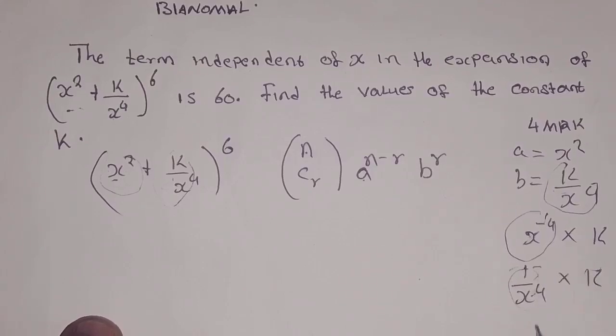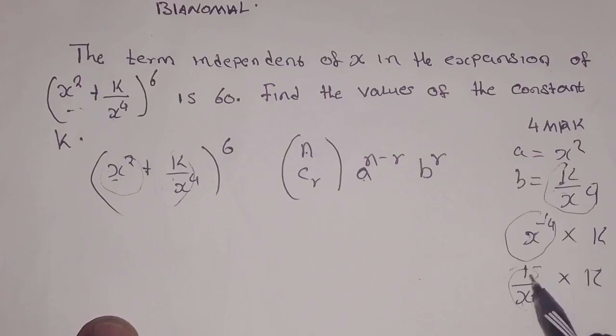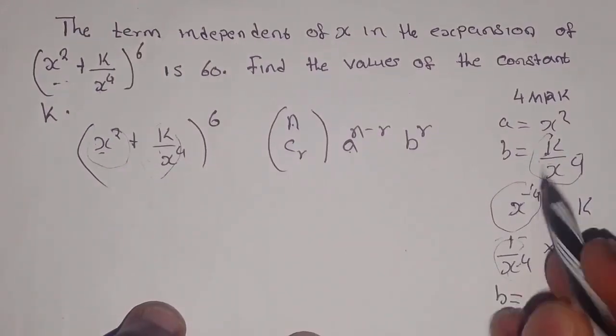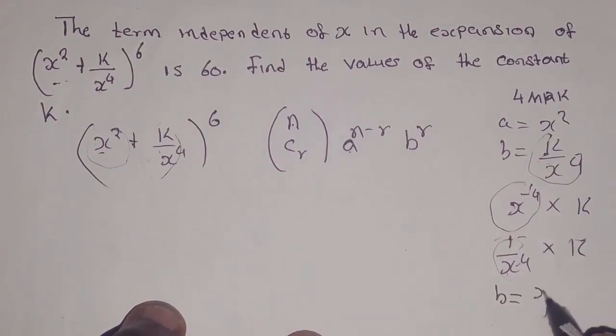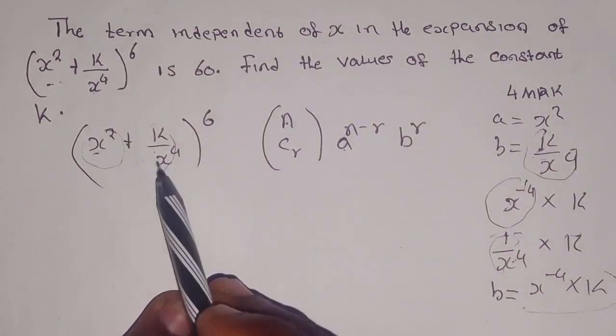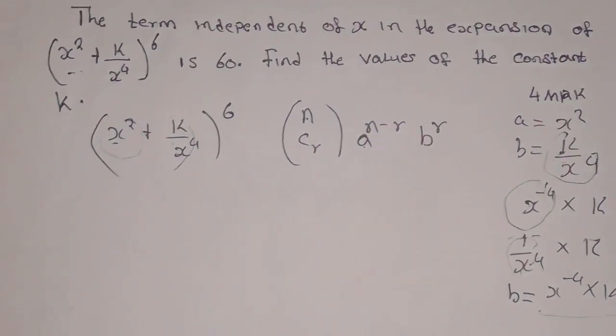If you multiply 1 over x to the power 4 by k, it will take us back to this position. So we can say that our b is the same as x to the power negative 4 multiplied by k, because writing like this is the same as writing like this. Hope you have understood.